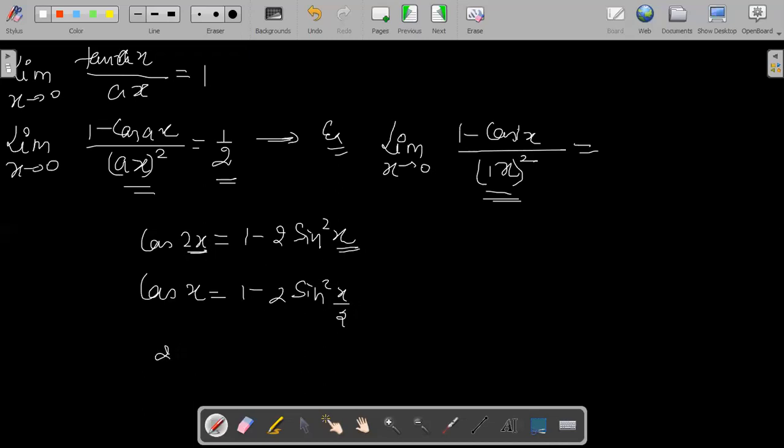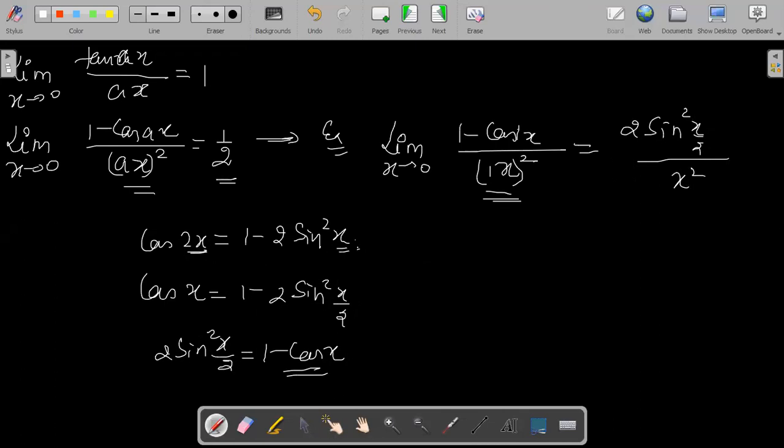So yes, 2 sine square x by 2 is equal to 1 minus cos x. So 1 minus cos x I can write as 2 sine square (x by 2) divided by x square.